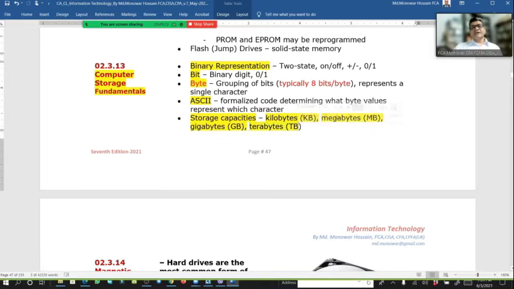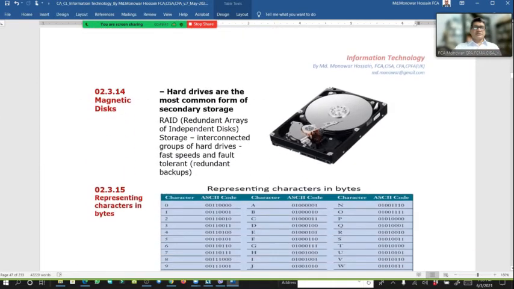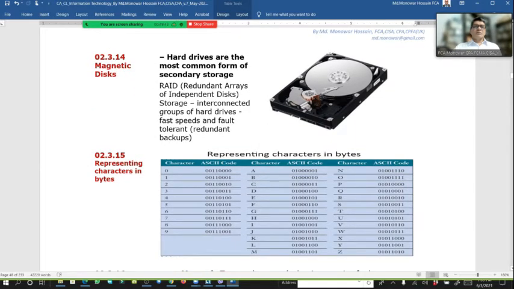So it is the data capacity of a storage, digital data capacity, that means gigabyte, terabyte, megabyte, etc. The unit.